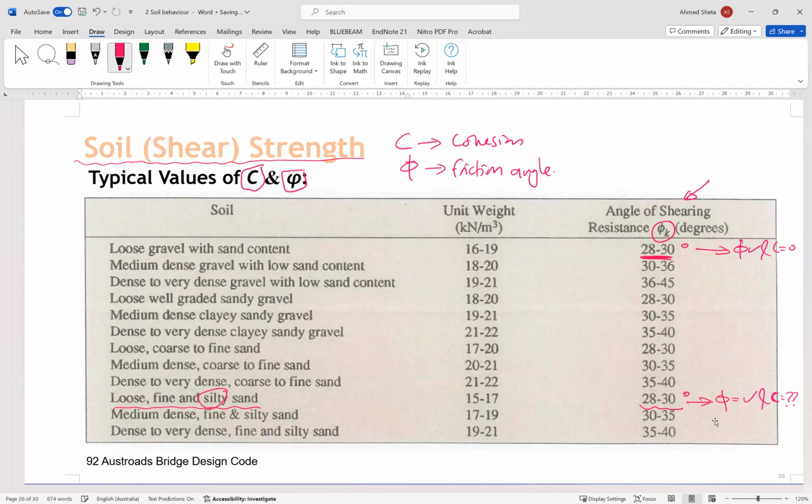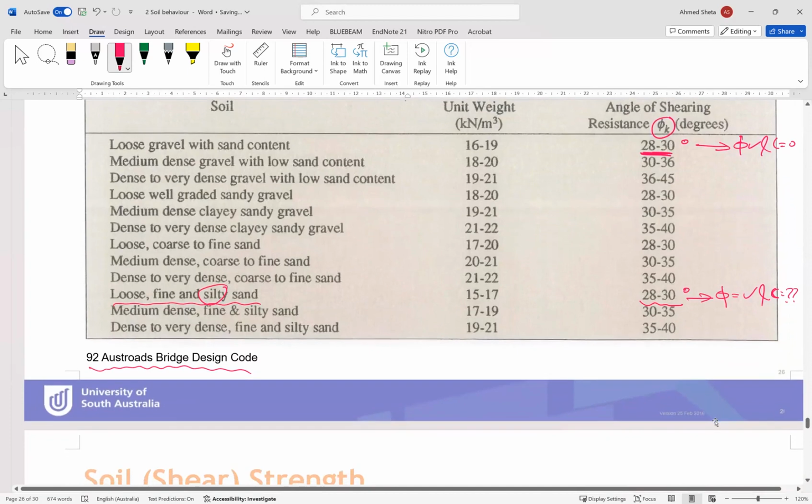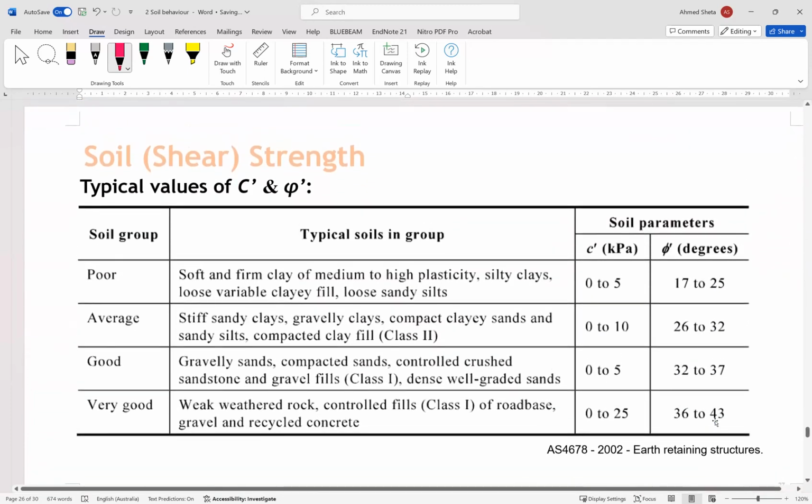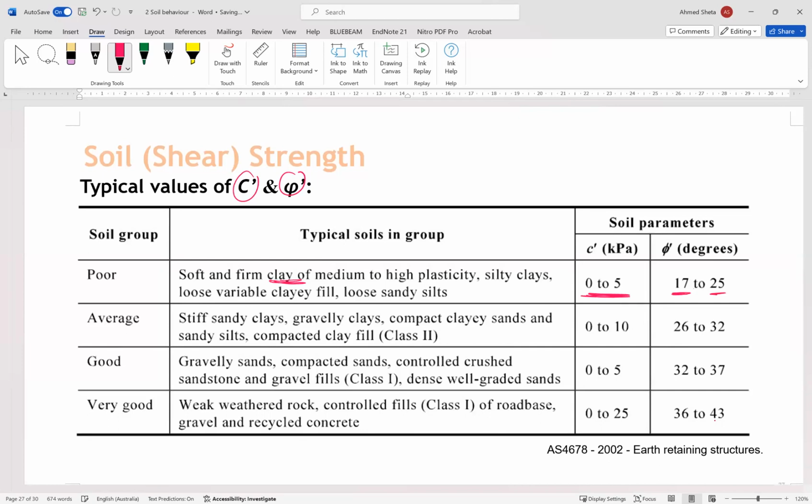Okay, this table can be found in this source, the Australian Road Bridge Design Code. So you can have a look at that. And here are the values of C and phi for some soil types. So we have soft and firm clay. C will be between 0 and 5 kPa, and phi will be between 17 and 25 degrees.